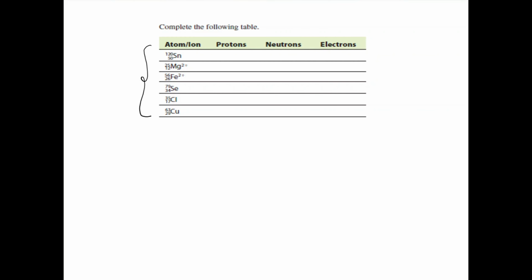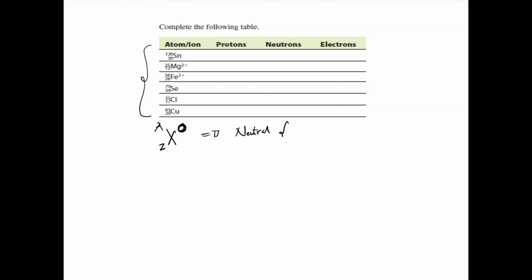So first thing first, what you need to know is that in any atom, let's say in any atom X, there is a particular number which is the atomic number, and also the mass number of that element. If the element is neutral, that is, if it has no charge, it is referred to as a neutral element or neutral atom.